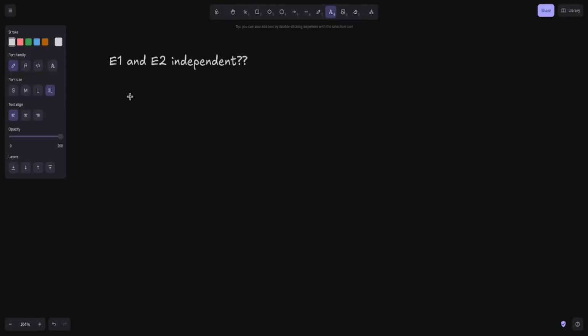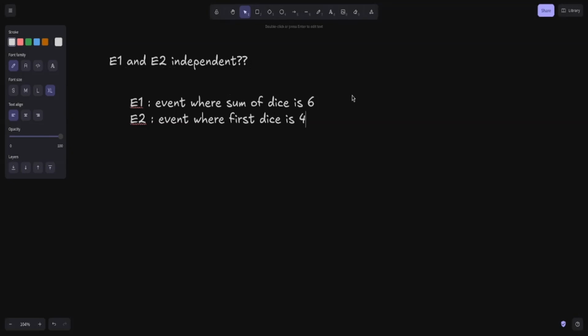Let's say E1 is the event where the sum of dice is 6, and E2 is the event where the first dice is 4. We are rolling 2 dice. Let's say we want to find P(E1E2). If it is independent, it should be P(E1) times P(E2), right? Logically it should be like this.